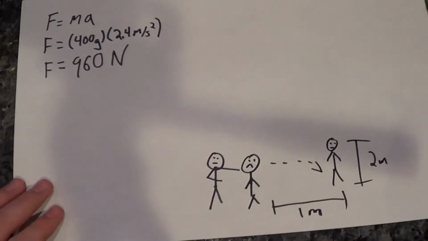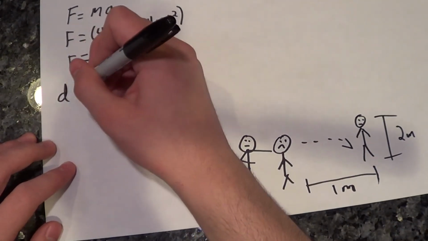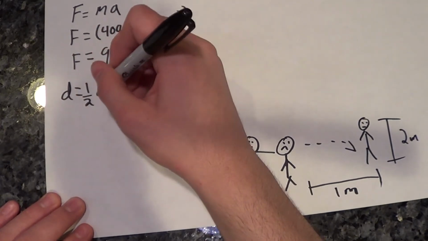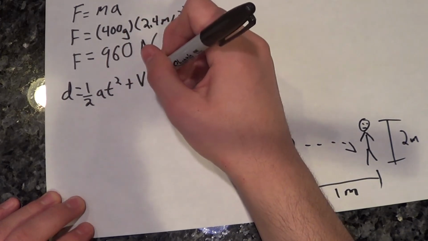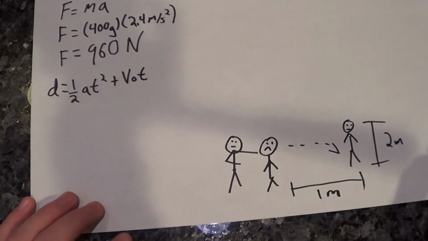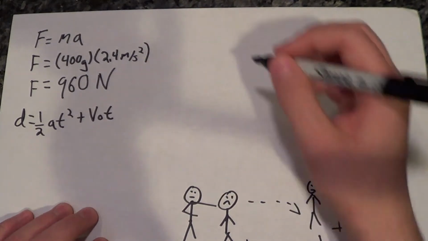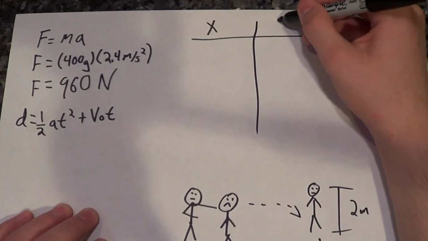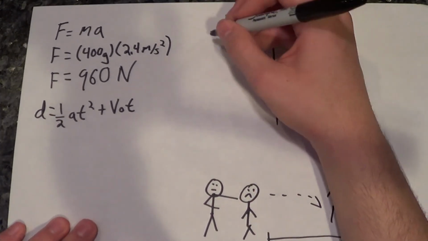Now, to solve this problem, I'm going to use one of the kinematic equations, that distance equals 1/2 acceleration times time squared plus original velocity times time. And to solve that equation, I'm going to use a method where I break it into 2 problems, an X and a Y plane. Now, I'm going to write that into 2 equations.